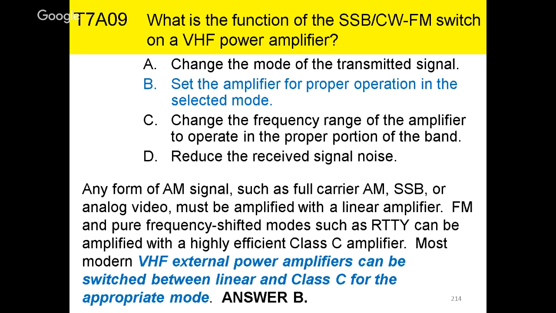Another one, that same switch, if you're going to use FM, you can switch it to FM. So basically, most modern VHF external power amplifiers can be switched between linear and Class C for the appropriate mode, depending on what you're using. I think we might get into Class C amplifiers a little bit later on. Just know that right now, for the purposes of this question, that switch is to set the amplifier to proper operation in the selected mode.